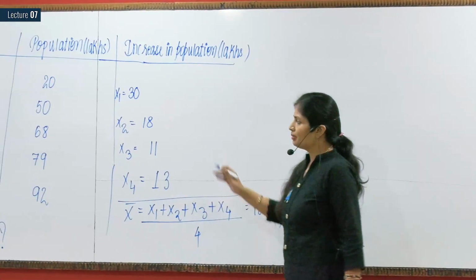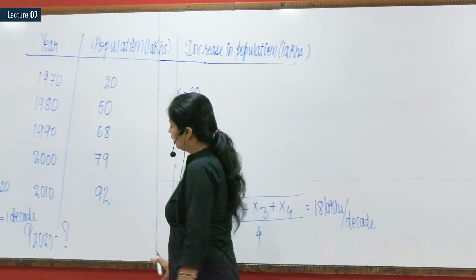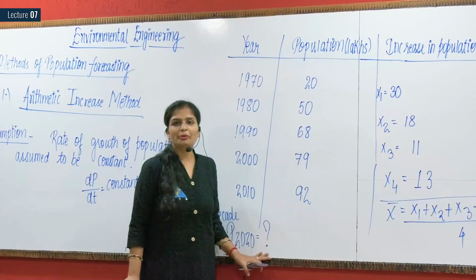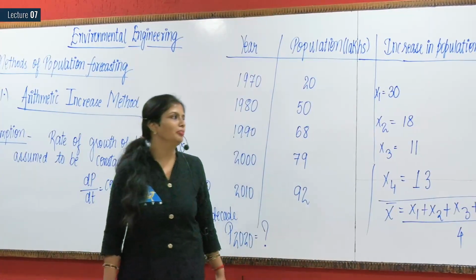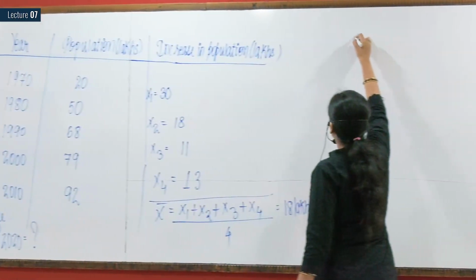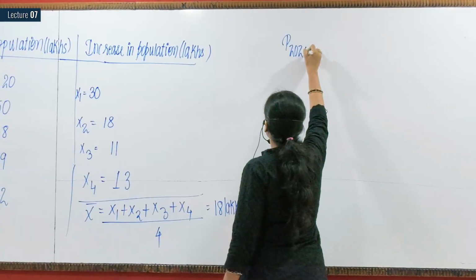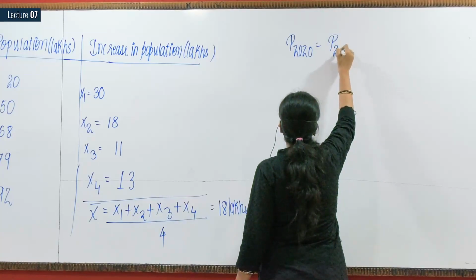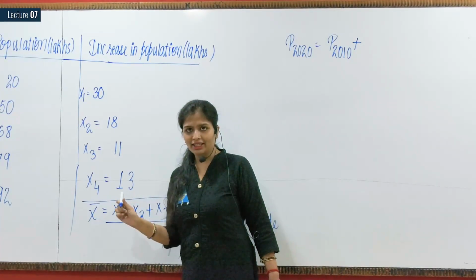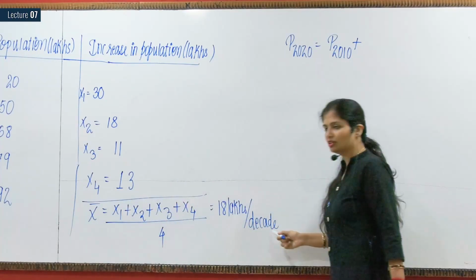Now, this much is clear to you. Now I'm asking, okay, fine, now I'm interested in knowing what is the population in 2020. So simply what you can say, ma'am, you want to know the population at 2020. We have the population in 2010. So on this 2010, we'll add this average increase in population.